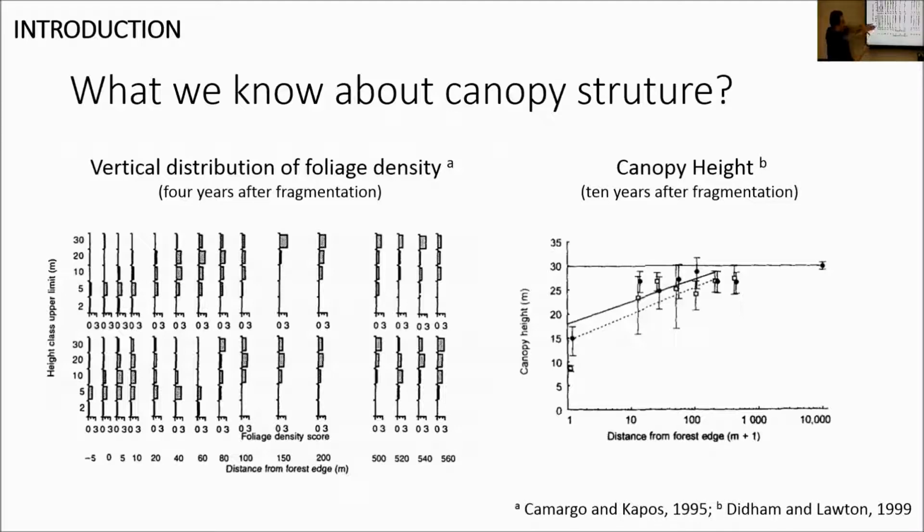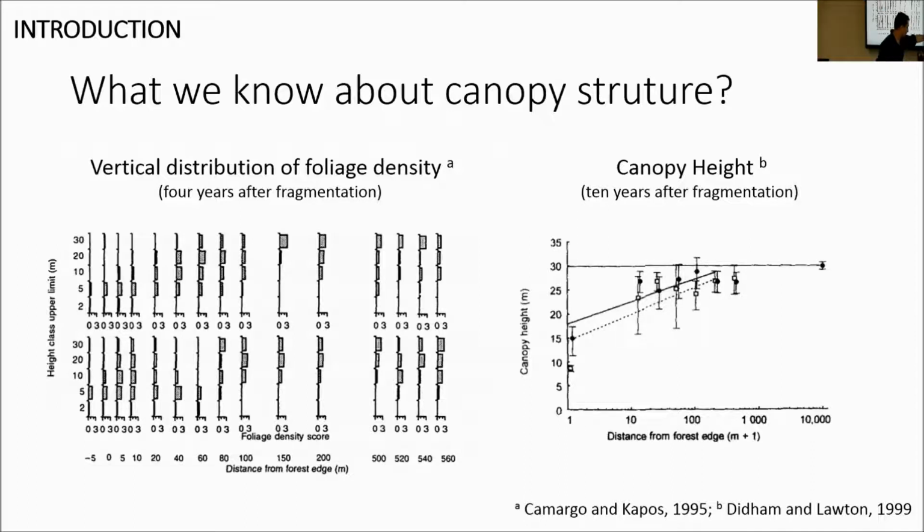What you can say is there's more in the understory closer to the edge, and there will be more leaves in the upper story. When you increase the distance from the edge, we have more leaves in the upper canopy.